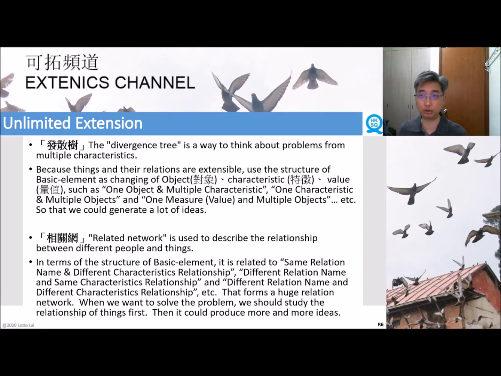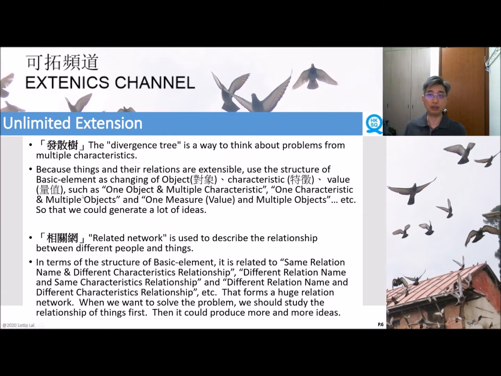First, the divergence tree is a way to think about problems from multiple characteristics. Because things and their relations are extensible, using the structure of the basic element, like the previous one I talked about in the modeling, with every thing and action or relationship based on the object, characteristic, and value.